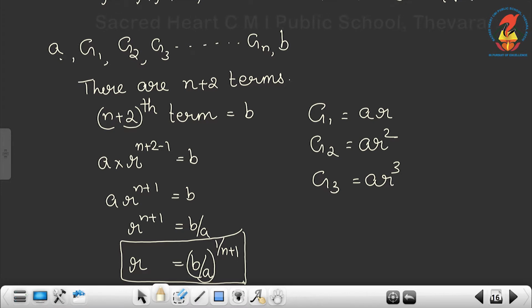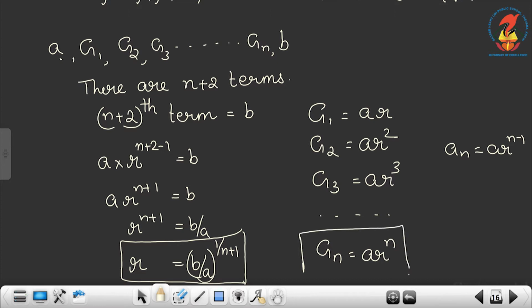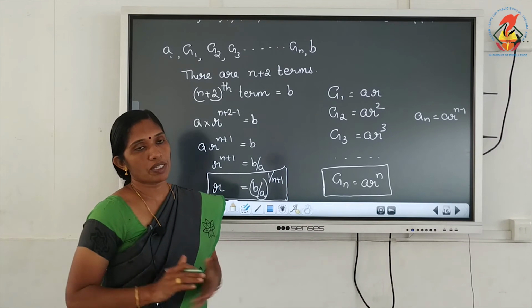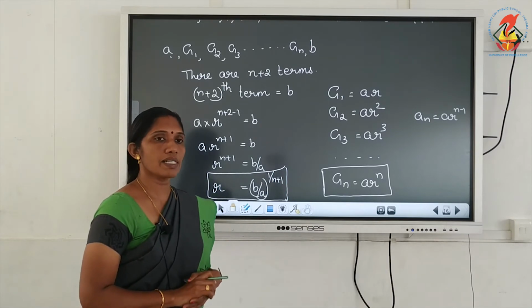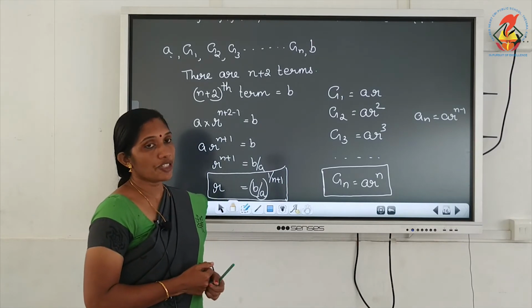Look here, usually the nth term is a r raised to n minus 1, but here in the special case of inserting n numbers between two numbers, as in the case of AP, we can say that the nth term is a r raised to n. You have to remember this in the case of inserting numbers between two positive numbers such that the resulting sequence is a GP.